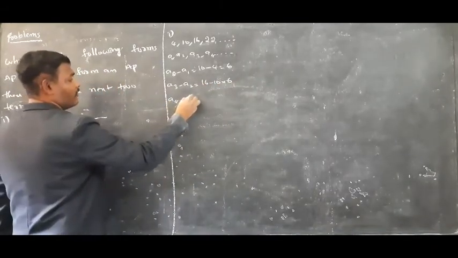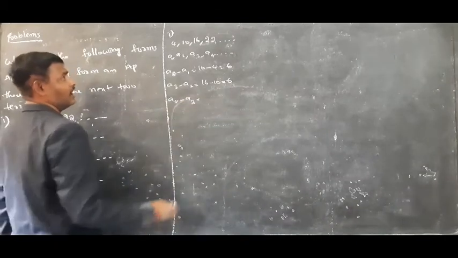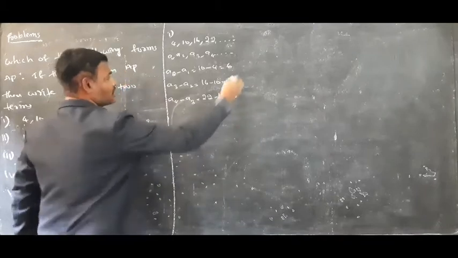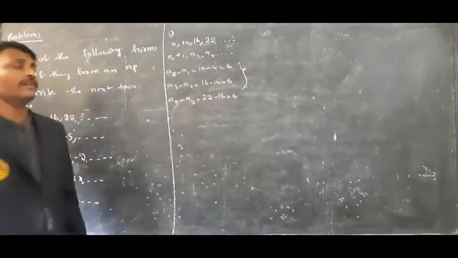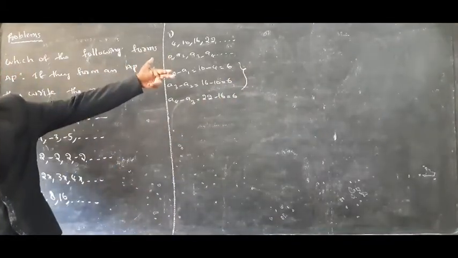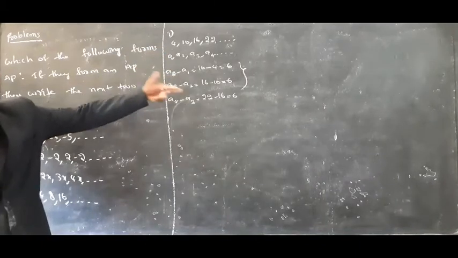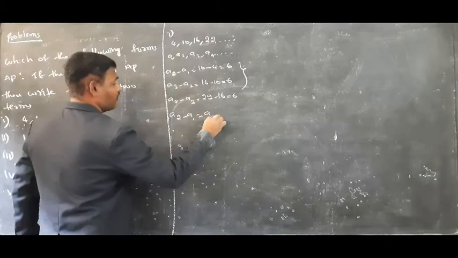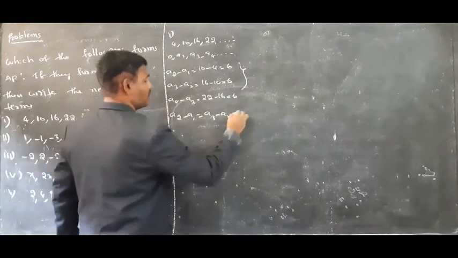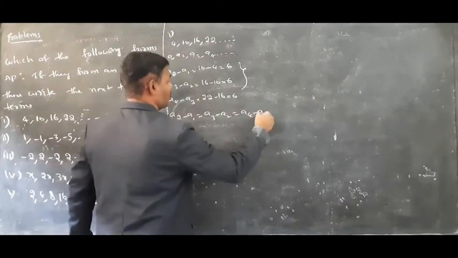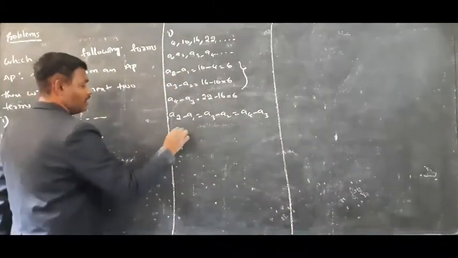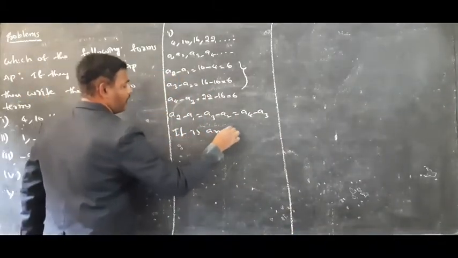Then A4 minus A3 is equal to 22 minus 16 is equal to 6. See here, every time the common difference is 6. So A2 minus A1 is equal to A3 minus A2 is equal to A4 minus A3. Here the common difference is equal. It is an AP.